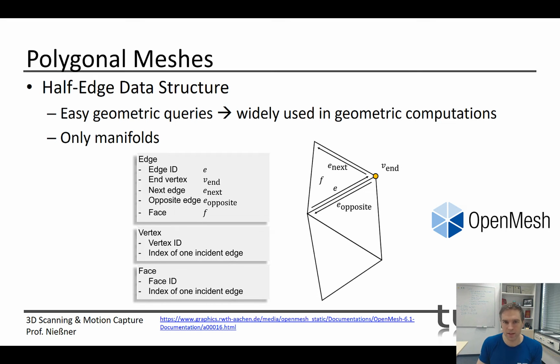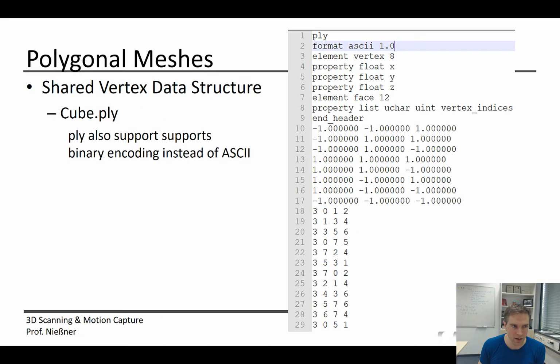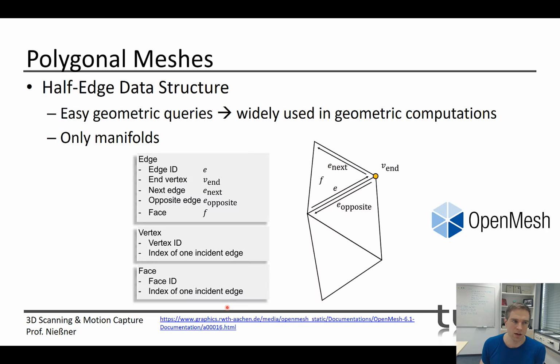These kinds of operations cannot be done that efficiently with a shared vertex data structure. Looking back here, to do any of these operations you basically have to search through the entirety of the file to find what my neighboring face is, or what other faces use the same vertex. This is very difficult, and this is why half-edge data structures are very good for these geometric queries.